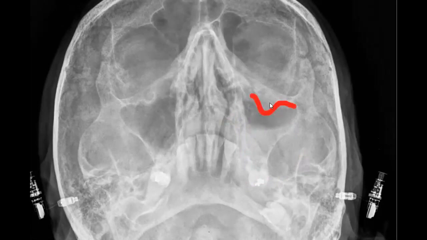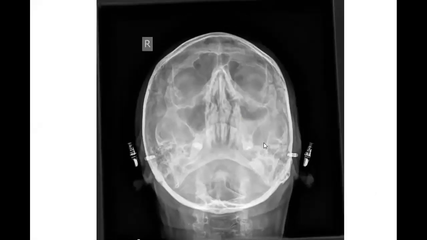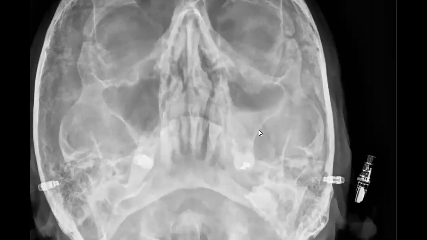So there is an inferior orbital wall fracture with fluid, and this is the secondary sign that you find fluid. So search for this, and it will be a left inferior orbital wall fracture with fluid in the maxillary antrum.